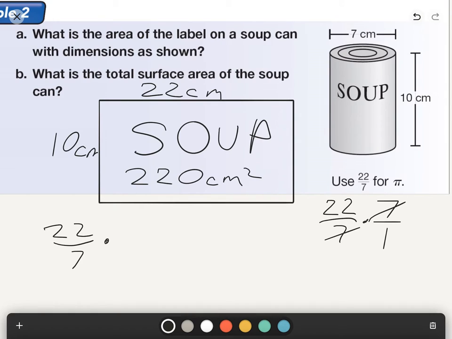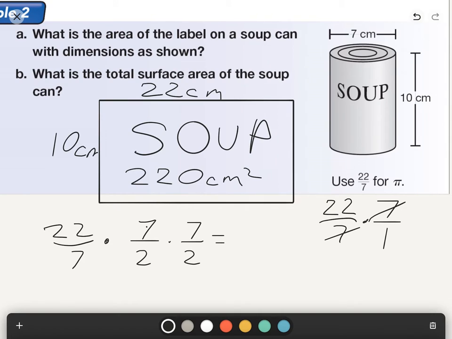So you could just describe that as 7 halves, right? Because 7 divided by 2. So you can also describe that as times 7 halves times 7 halves, right?